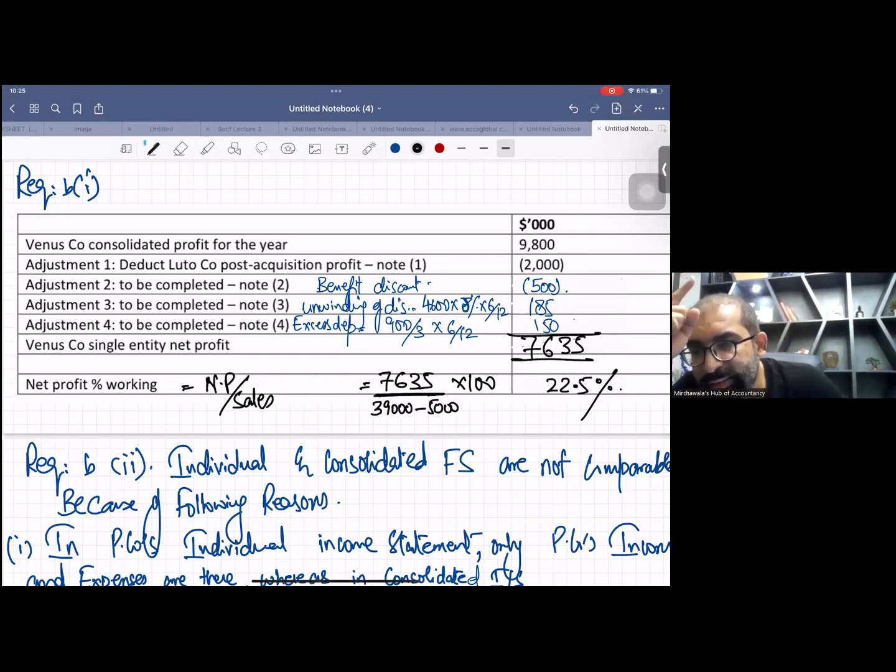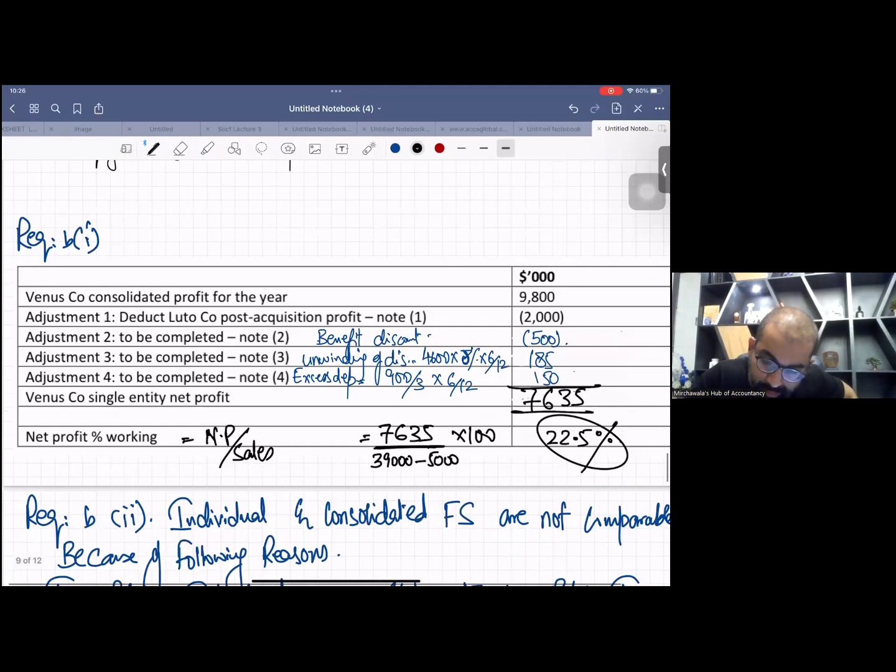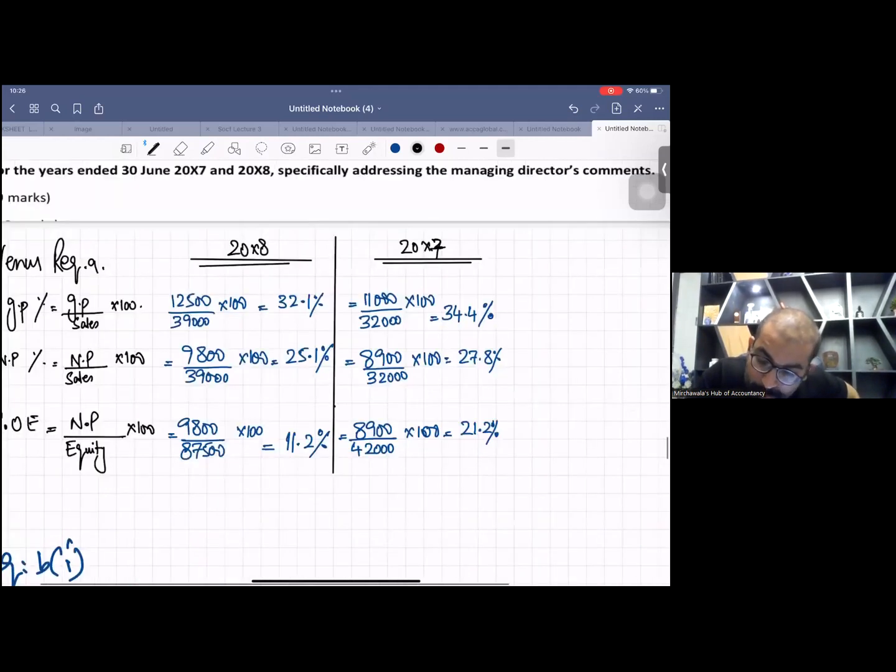MD was saying that the subsidiary company was bad. Remember? Now wait. What is the individual return of the parent company? This is 22.5%, right? And what is the last year return?